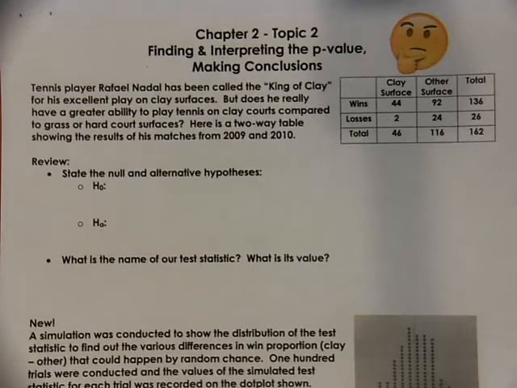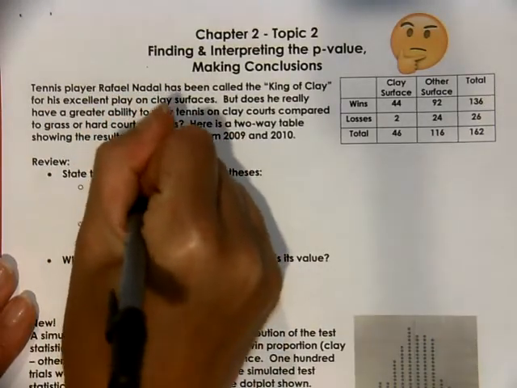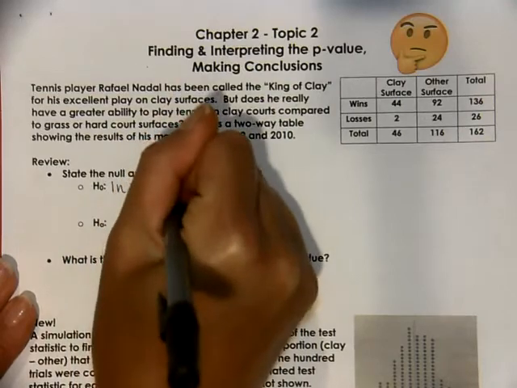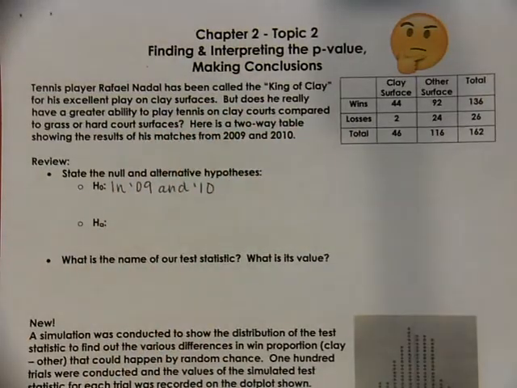So our null hypothesis, remember, makes a comparison that our player has the same ability in two different contexts. So in 2009 and 2010, remember, it's always important to include the year because how a player does in one year can be completely different than how they do in other years.